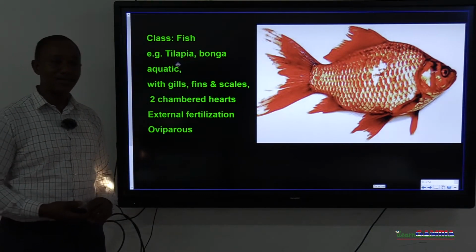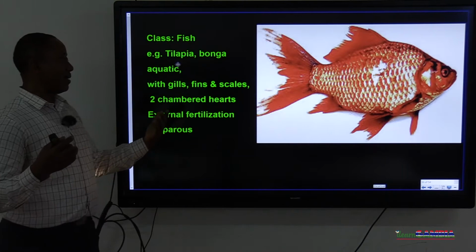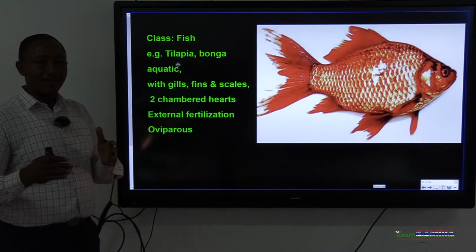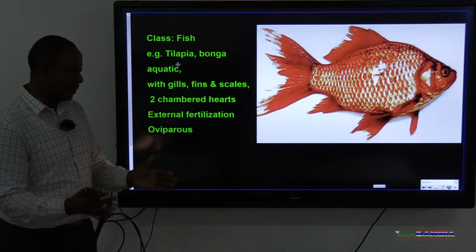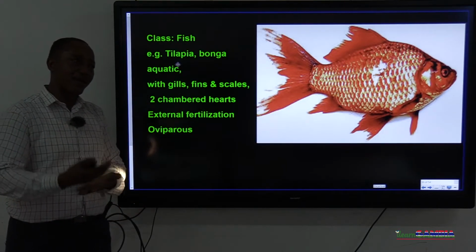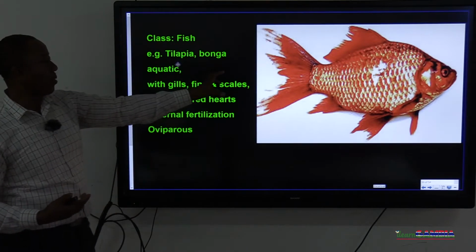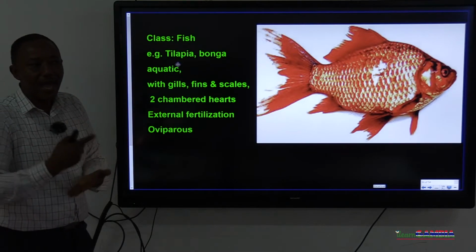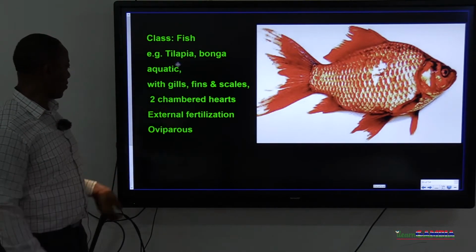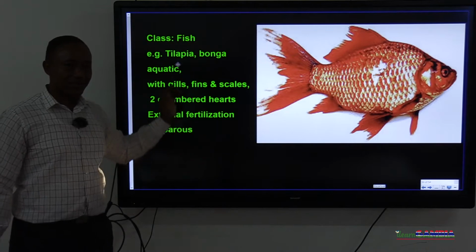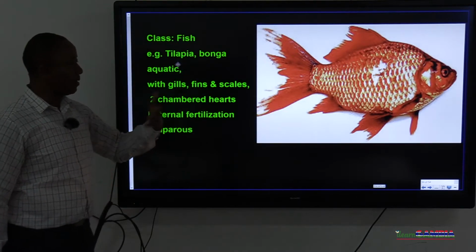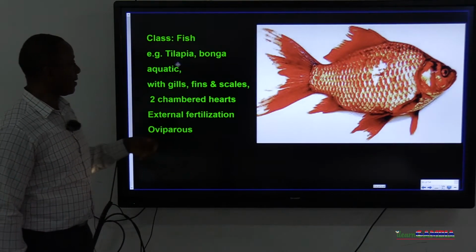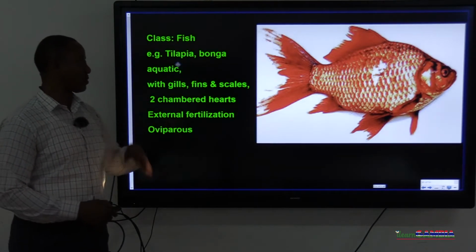Oviparous animals are those whose eggs, when fertilized, the young one remains in the egg and develops into an embryo and matures into a young organism. Then it will break open the egg, which we say is hatching. So once it hatches, the young one comes out. So oviparous organisms lay eggs. The young one develops in the egg, having nourishment in the egg itself, and when it matures, it comes out of the egg.